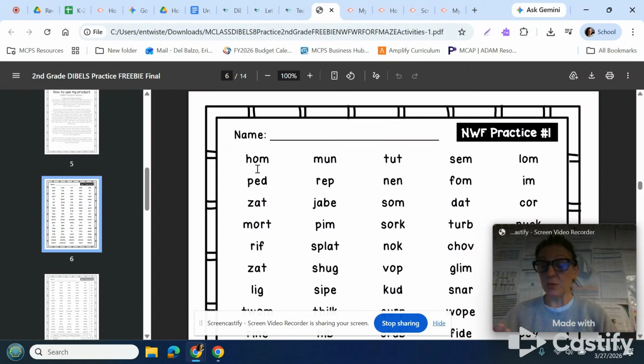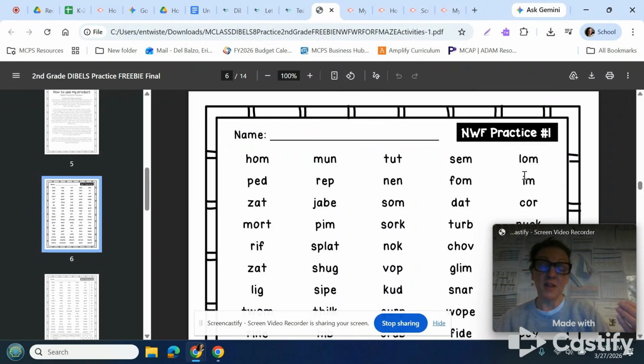So when a student does this assessment, they can do it one of 2 ways. They can give the individual units, and that's a lot of times what our kindergartners are doing. They're going t, s, l, and they're giving us the units of sound.